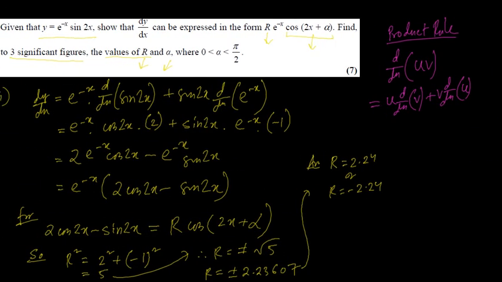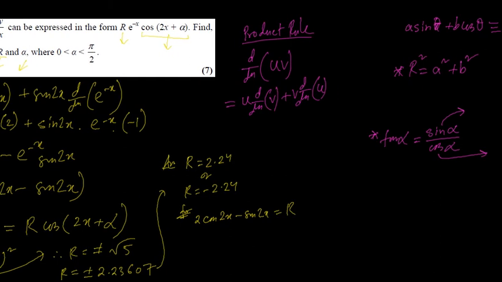So what we can do here now is break this down and see what this is really made up of. For 2 cos 2x minus sine 2x equals r cos of 2x plus alpha, if we break cos of 2x plus alpha as cos a plus b, this is going to be cos 2x cos alpha minus sine 2x sine alpha, with the r multiplied.